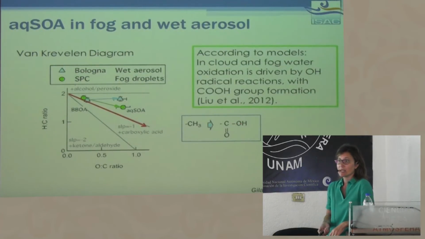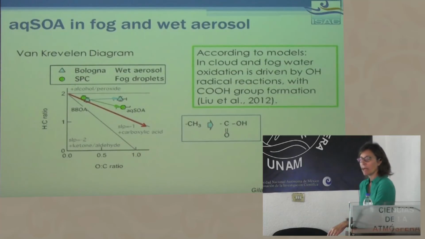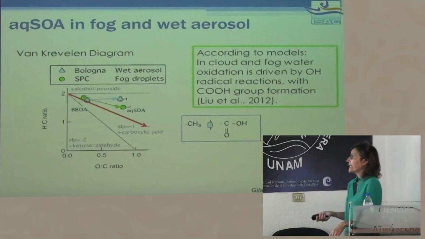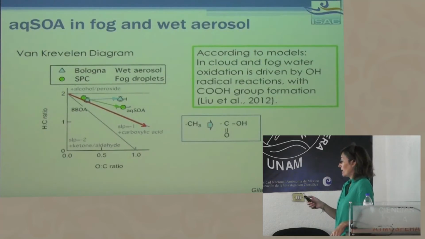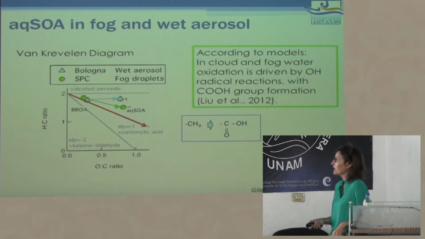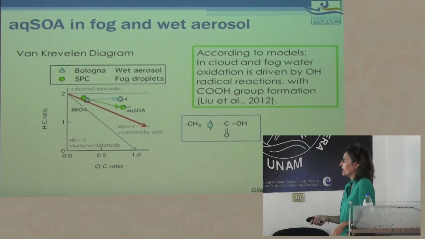And this result is actually in agreement with what we expect from the models. In fact, according to the models, in cloud and in fog droplets, the oxidation of organic aerosol is mainly driven by the OH radical reactions. And the main product of OH radical oxidations in the water phase is carboxylic acid groups.